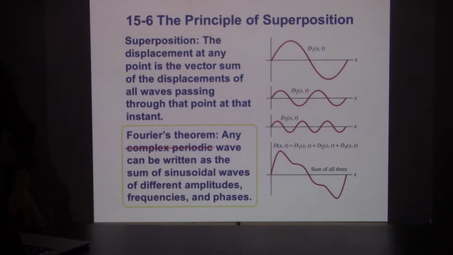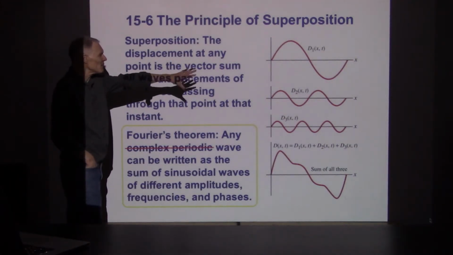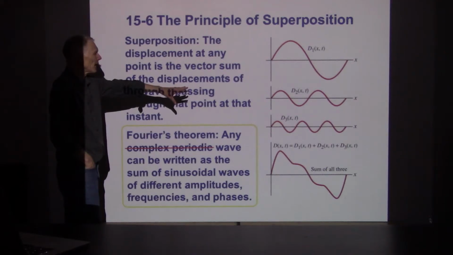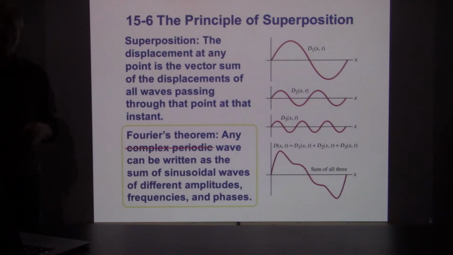And this is referred to as superposition. So no, we're not limited to sines and cosines. We can take any of these sines and cosines as a starting point. We can add them together. So we can add together these waves of different frequencies and different wavelengths.